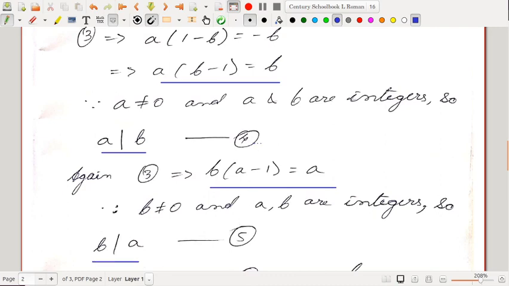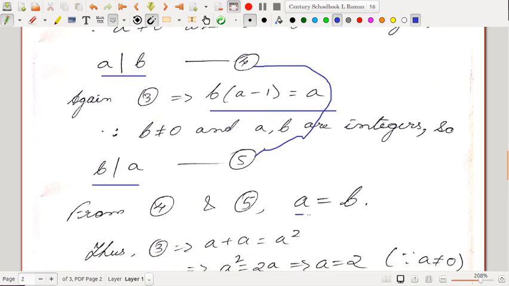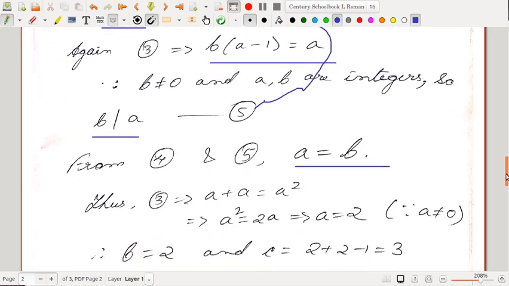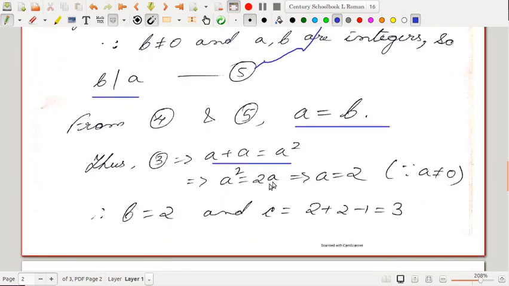So by relations 4 and 5, a and b are integers which satisfy a divides b as well as b divides a. Then what is the only possibility? The only possibility is that a is equal to b. So from 3, a plus a equal to a square, and this gives us a square equal to twice a, and this means that a equal to 2.